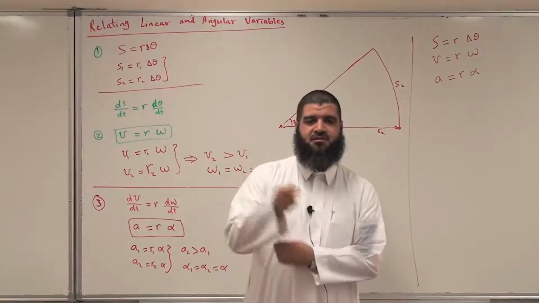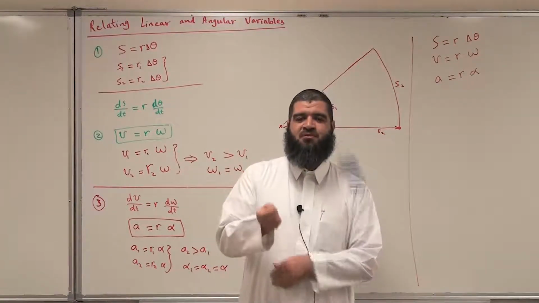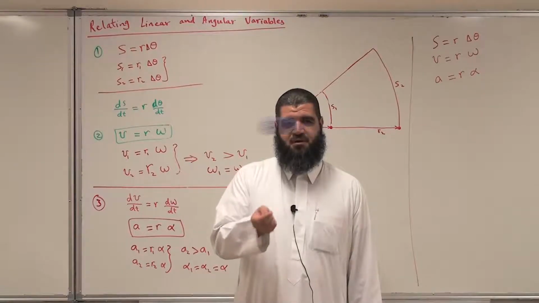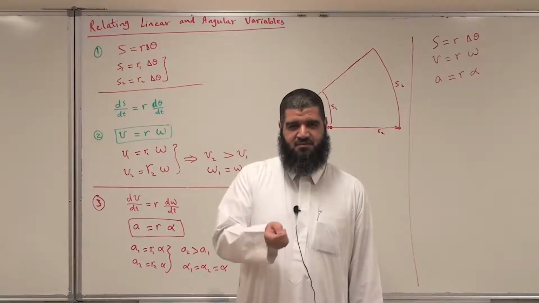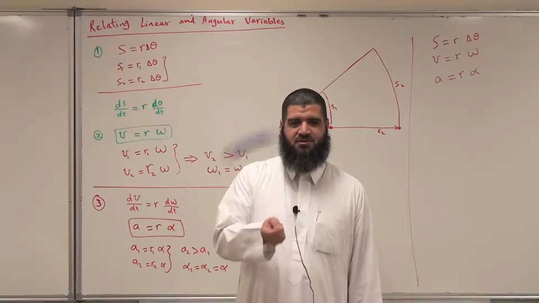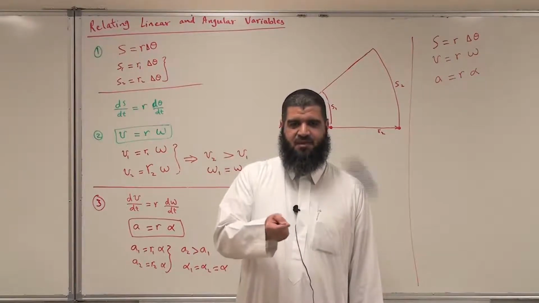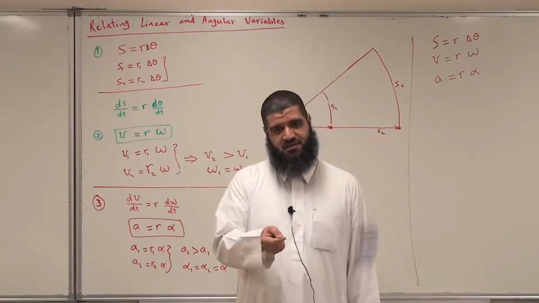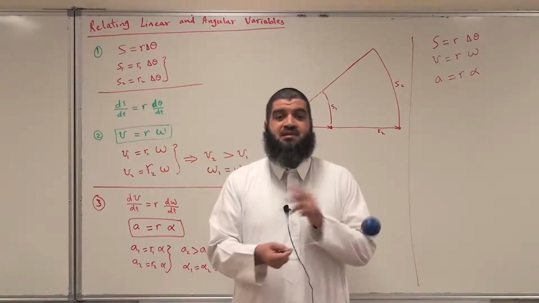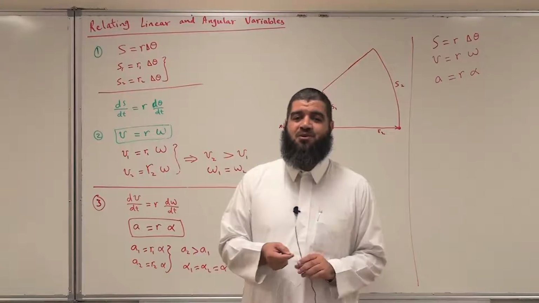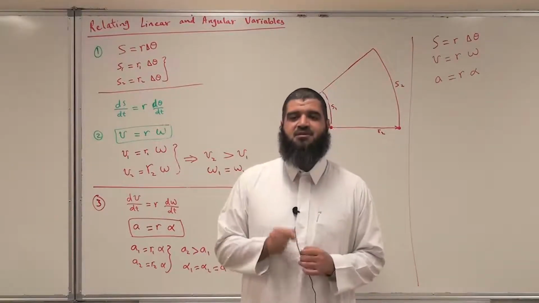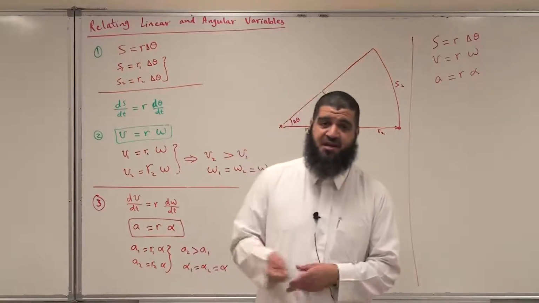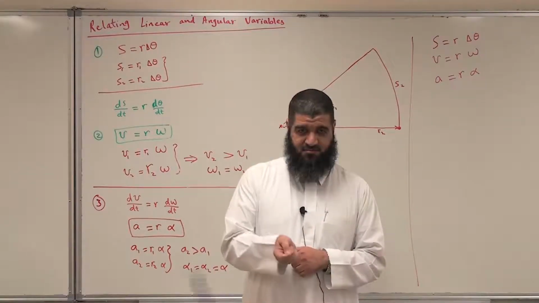Even if it is moving with constant velocity, the speed, the magnitude of the velocity, is constant, but the direction is changing. So because the direction is changing, we have what we call centripetal acceleration. So centripetal acceleration is responsible for the change of the direction of the velocity.